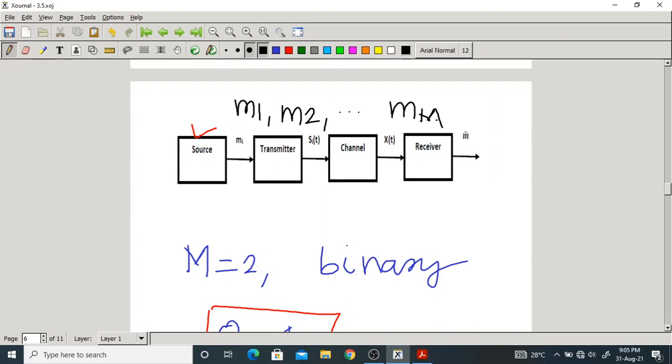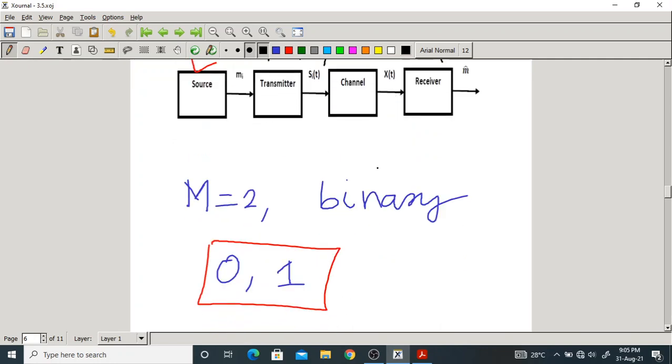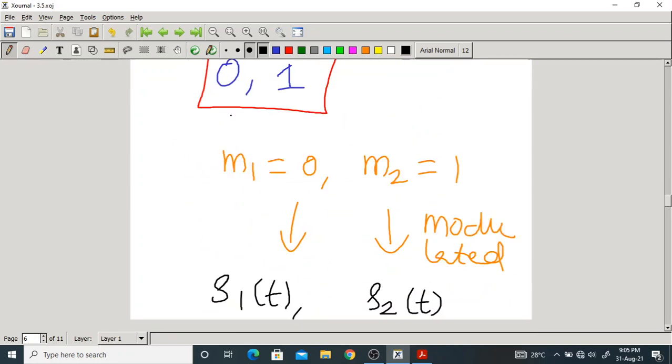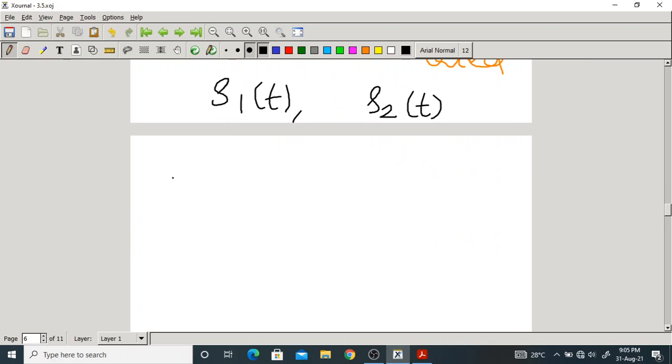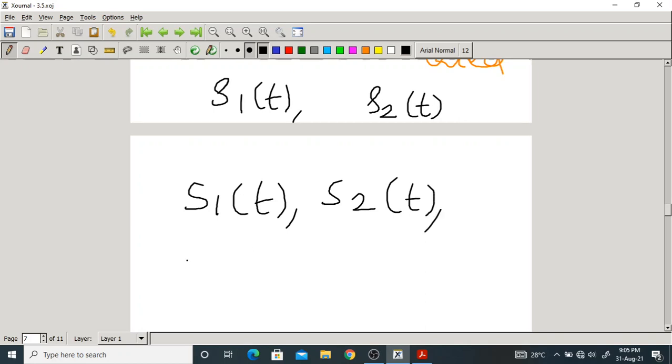These many symbols are generated by the source. Now this will be modulated digitally. After modulation they are represented as S1 of t, S2 of t, and so on up to SM of t. These are the M modulated waveforms.